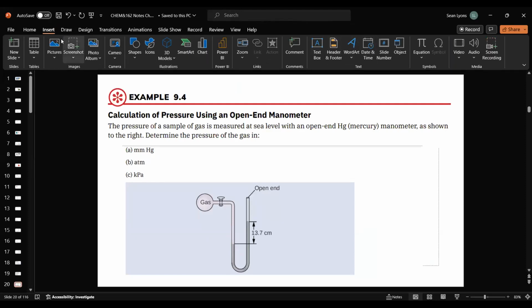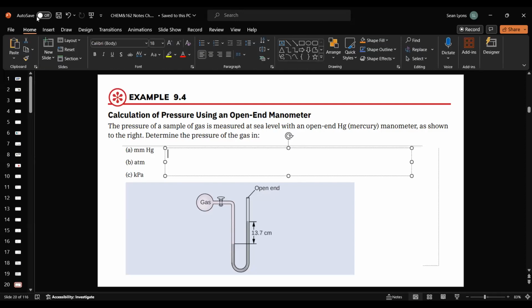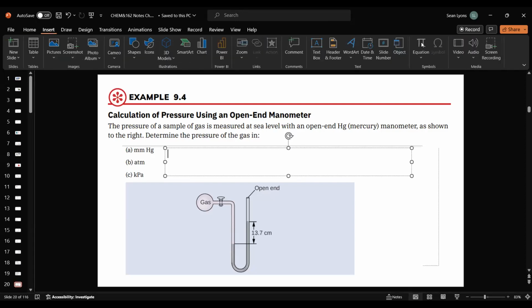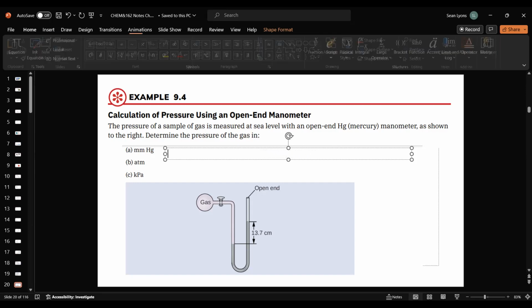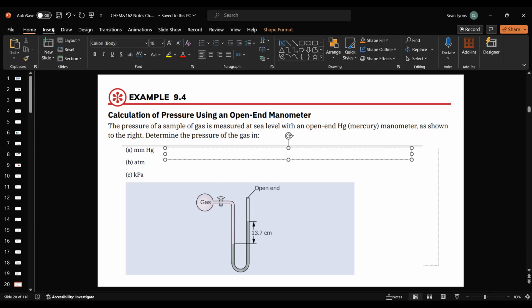This one I'll show how we can actually do it. All right. So for this one, if we think about the pressure of gas is equal to P height plus P atmosphere. I guess I can do that with the subscript so it's not as messy.